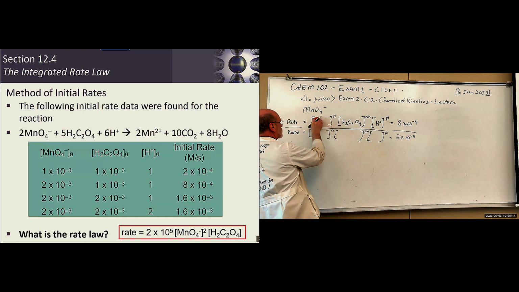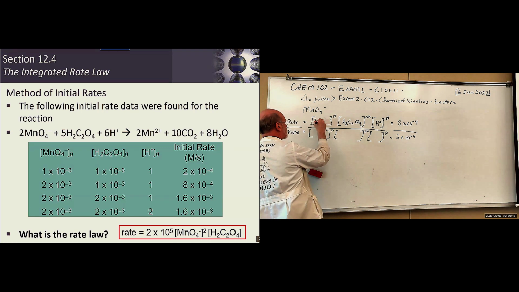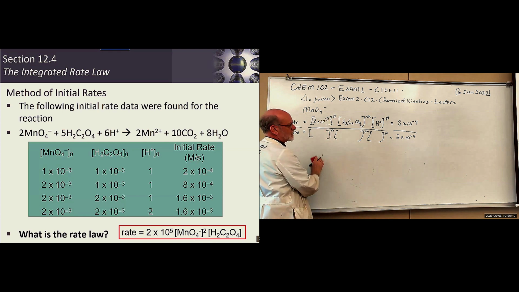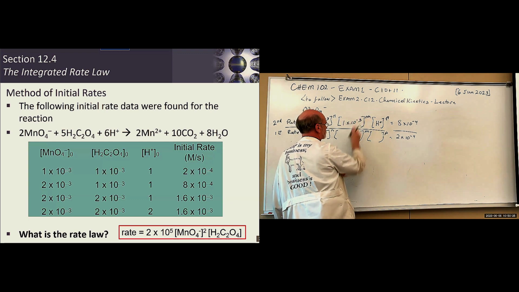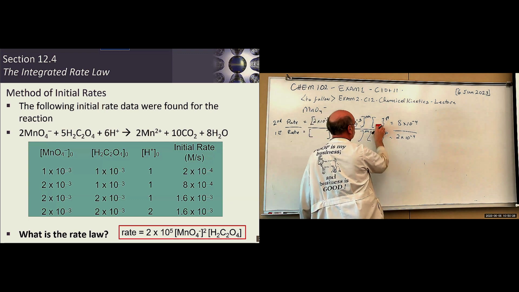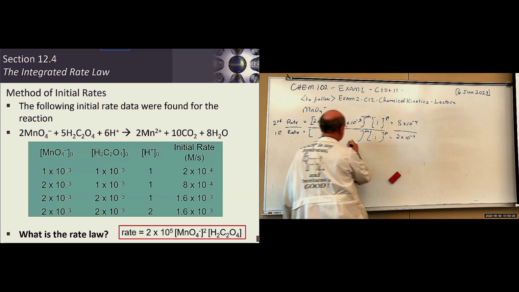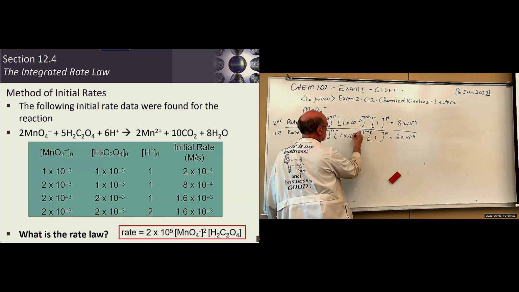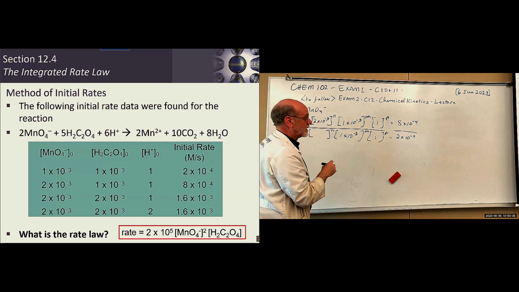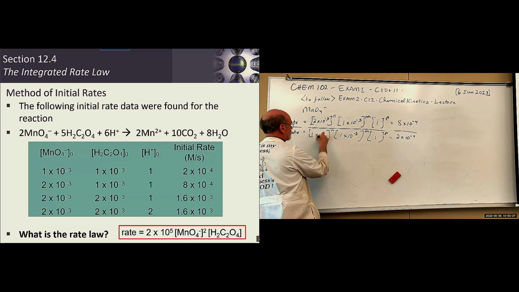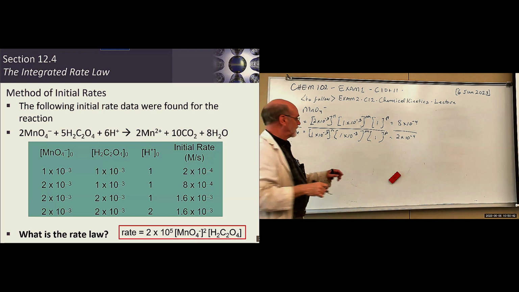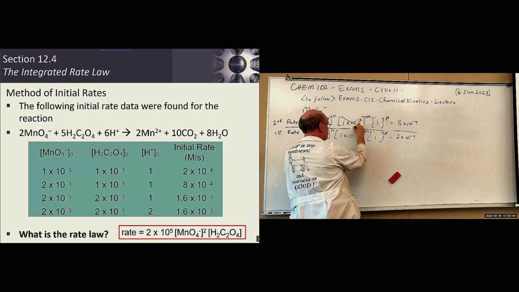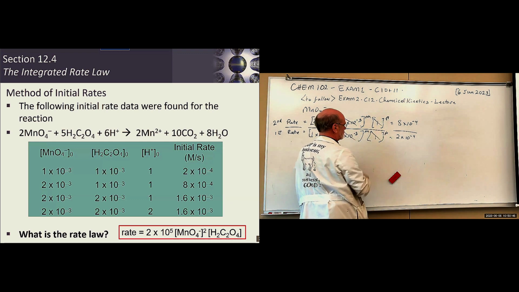So we put that one in here, 2 times 10 to the minus 3, and then 1 times 10 to the minus 3 for this one. And this one is 1, 1, and this one should also be 1 times 10 to the minus 3, and this one is 1 times 10 to the minus 3. Right? Okay. Notice that this is the same as that one. This is the same as that one.